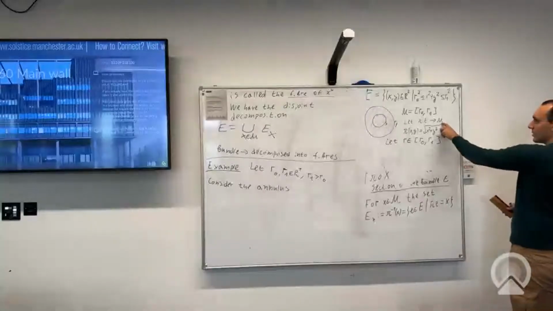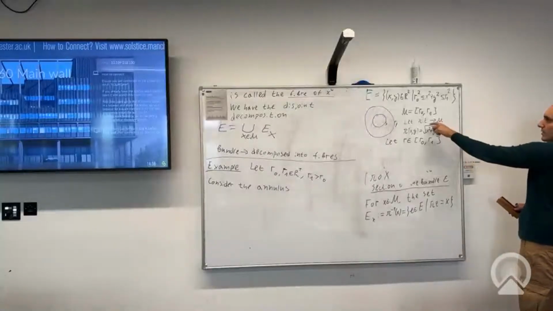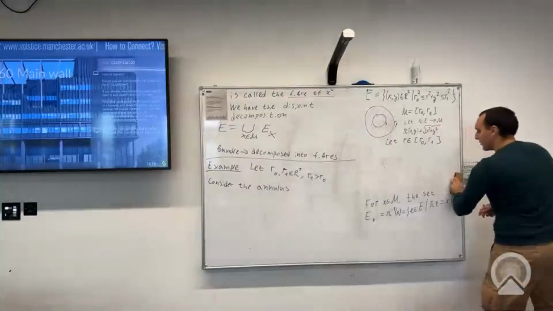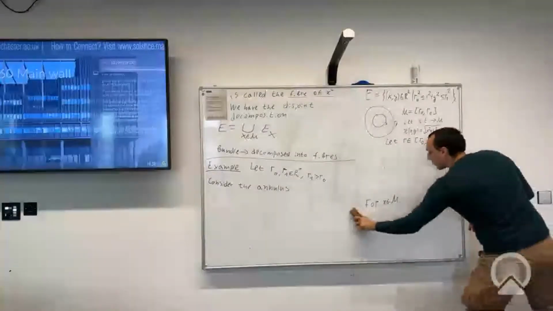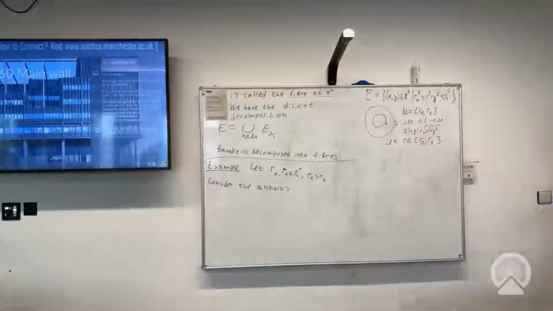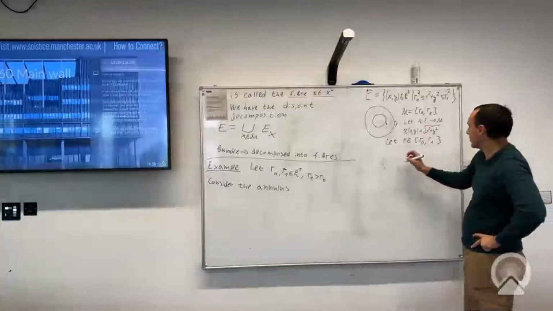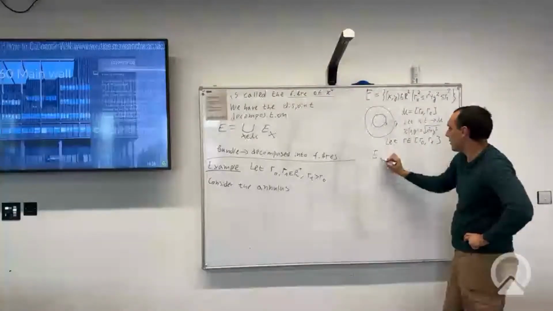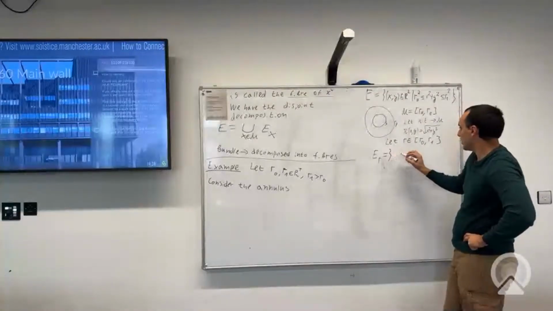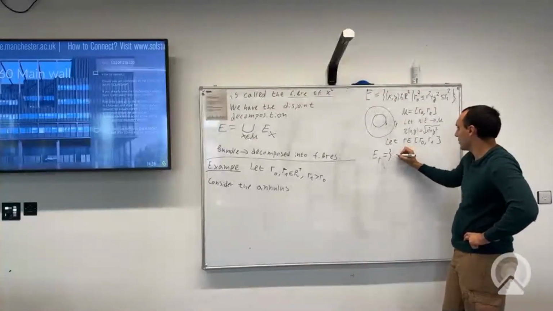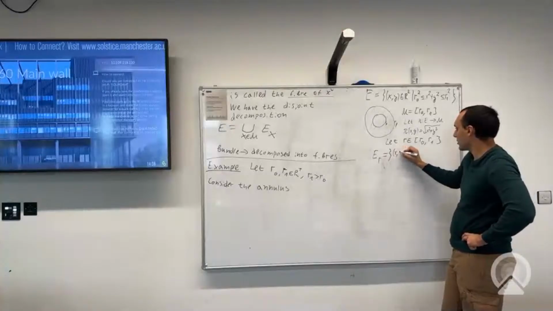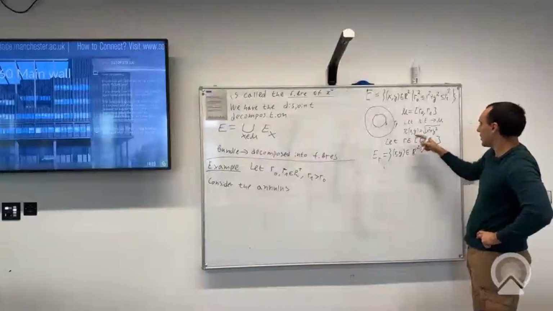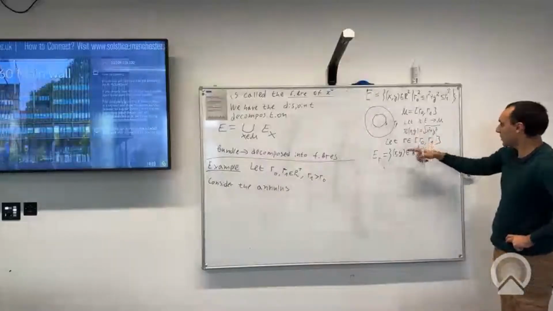So the fiber is a subset of E corresponding to a point of M. So E_r, by definition, is the set of all x and y such that the projection is equal to r.